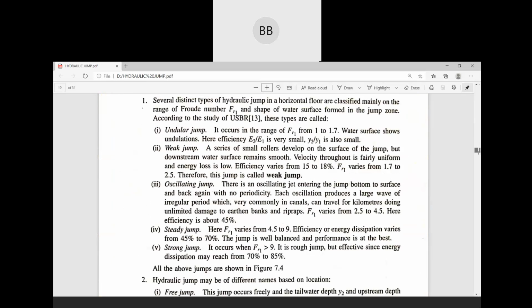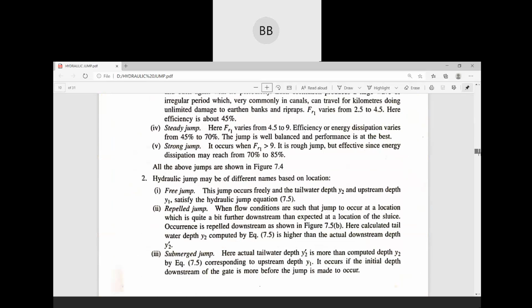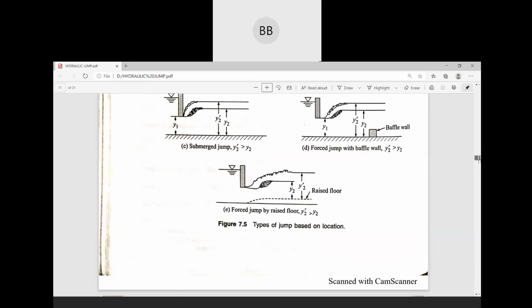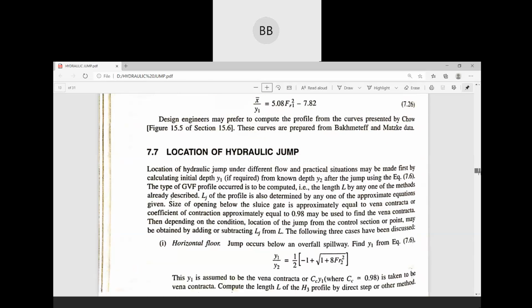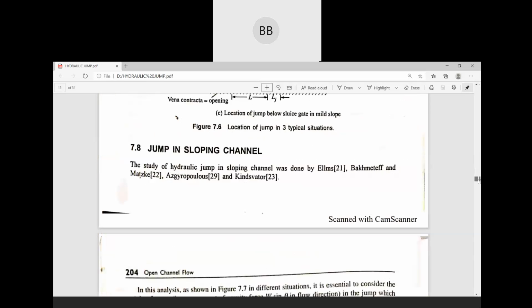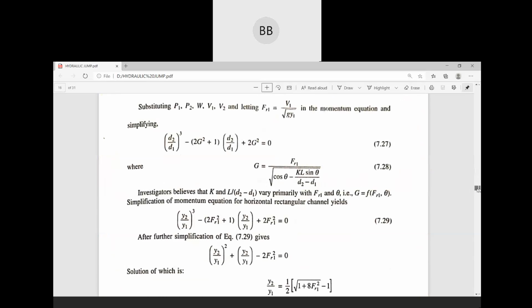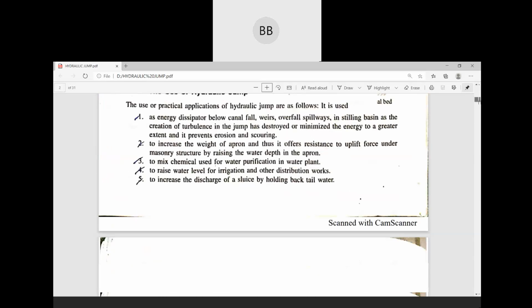Then we have types of jump. After that we have the length of the jump, and then we can solve a few numericals related to the jump. Then after that we can complete our syllabus. So very few things are left out.